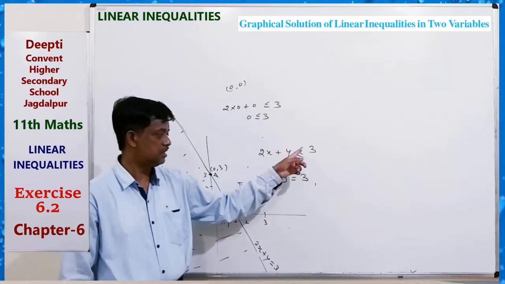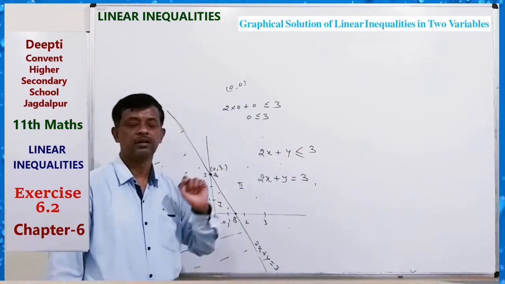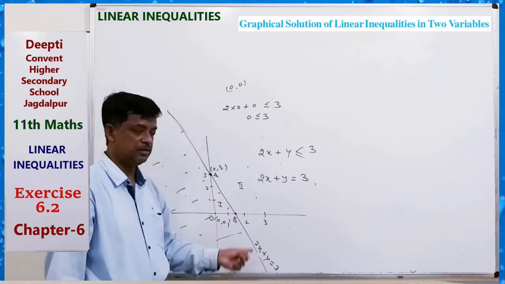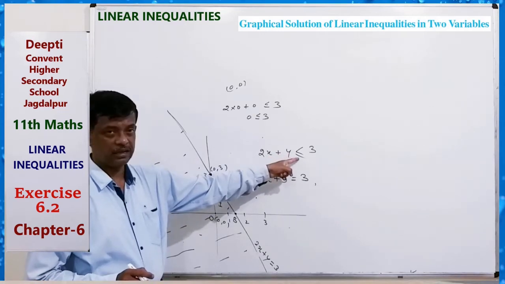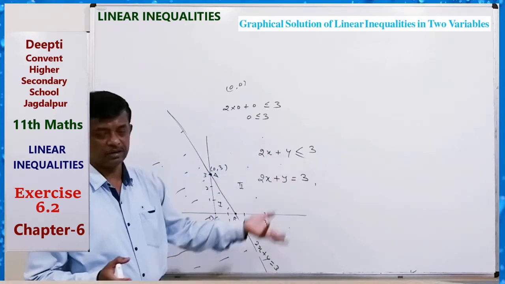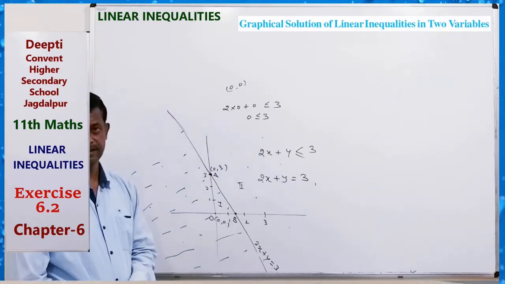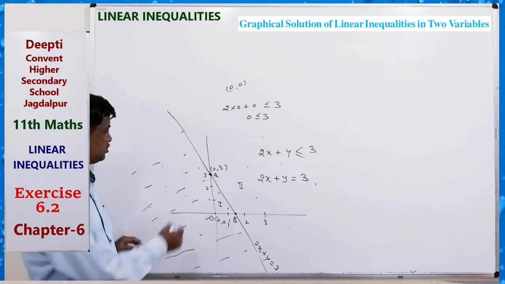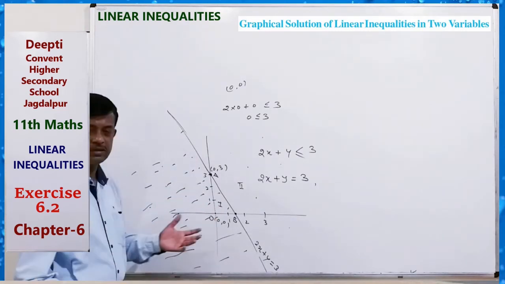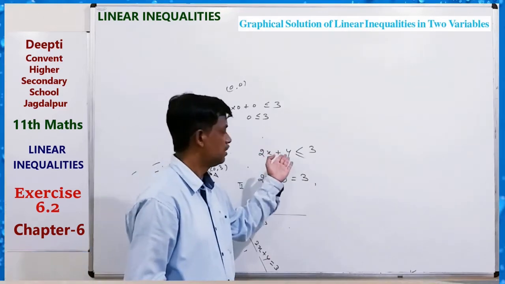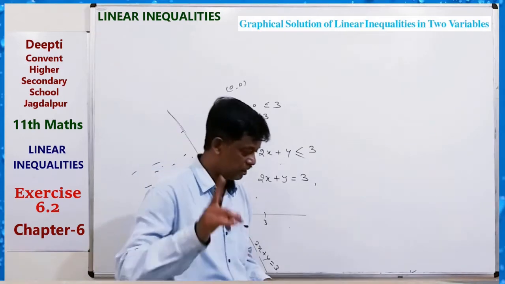If there is strict inequality, then you have to draw a dotted line, because those points are not part of the solution. If slack inequality, that is less than or equal or greater than or equal, then you can draw the bold line. Clear? So this type of region you have to shade. This is the solution region. The first part is the solution region of this inequality in two variables, a single inequality.